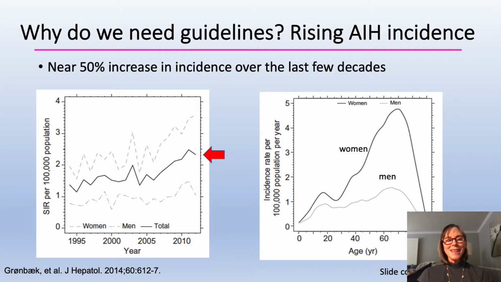In the right-hand graph, it points out two things. Number one, autoimmune hepatitis incidence is much higher in women compared to men. And secondly, there's two peaks of age at the time of diagnosis. One occurs in the teenage years and the second around the age of 60.